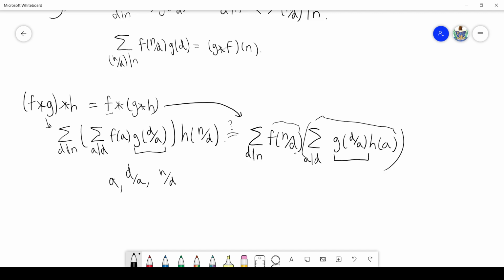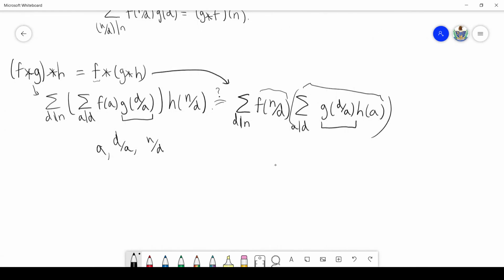But in terms of n, these are sort of independent. In other words, this double sum is going to run over all triples of positive integers that multiply to n. And so when we write it like this, we can just focus on d over a. And these two things are going to be independent of each other, right?